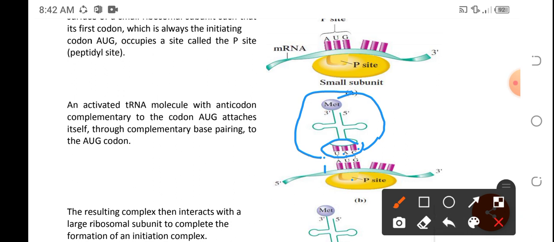So we have UAC. Now, this activated tRNA with an anticodon of UAC, of course, carries methionine, because aside from being an initiation codon, AUG also codes for methionine.